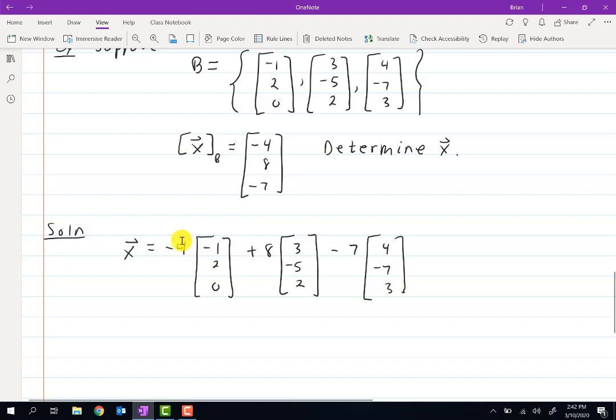This weight or this coefficient is attached to the first of the list of basis vectors. It's first in its position in the vector. Then we have this coefficient, second in the list of the vector items, attached to the second vector in the basis. And finally the -7 is the last entry in the vector, and it is attached to the last basis vector.